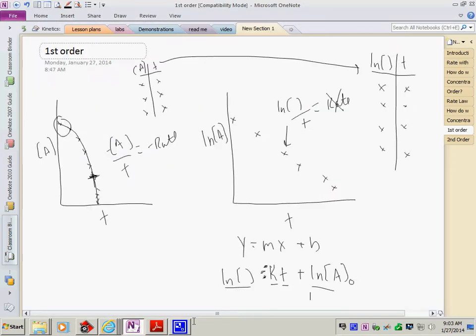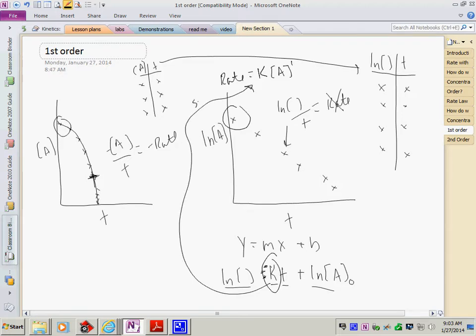But I will mention here, though, that when we have this initial rate right here, the rate equals K times concentration of A at first power, this K right here and this K right here are the same.